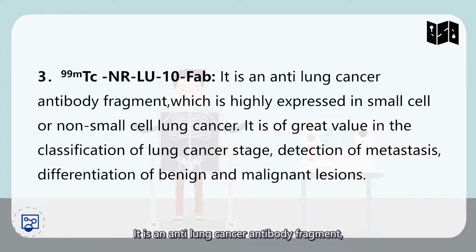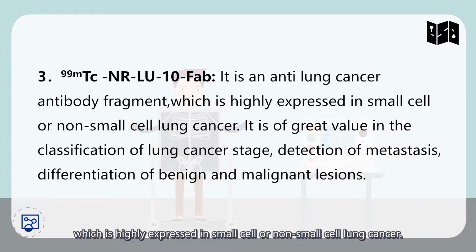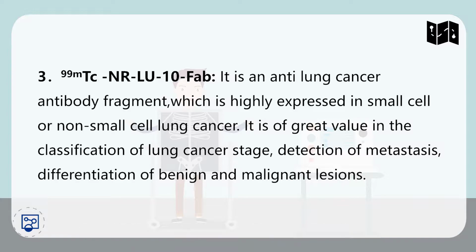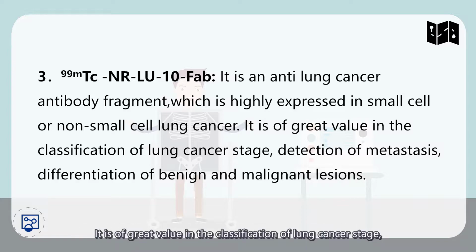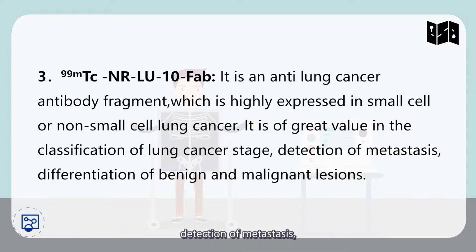The third, technetium-99m labeled NRLU10-Fab. It is an anti-lung cancer antibody fragment, which is highly expressed in small cell or non-small cell lung cancer. It is of great value in the classification of lung cancer stage, detection of metastasis, and differentiation of benign and malignant tumor.